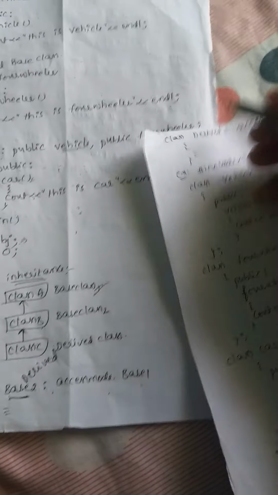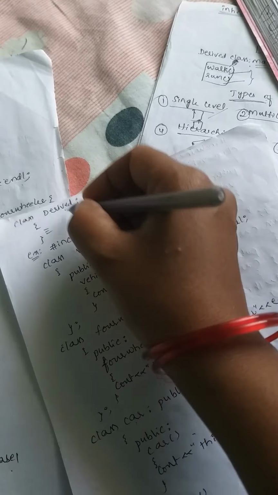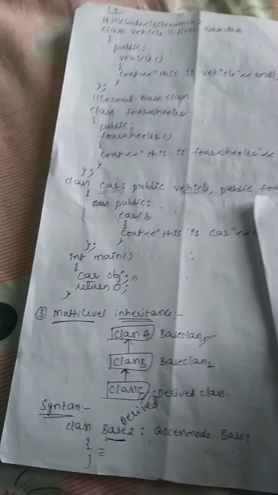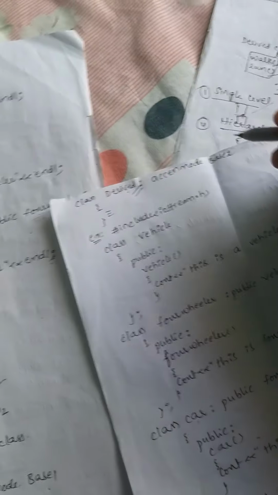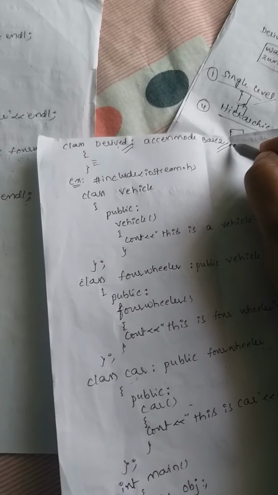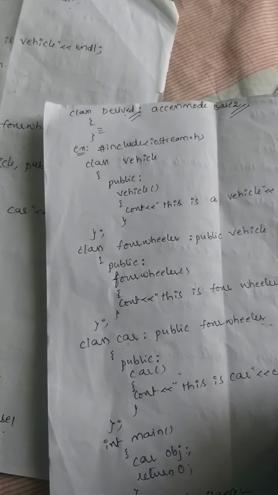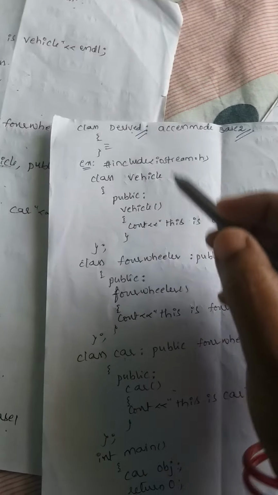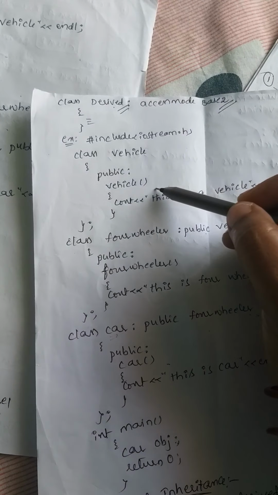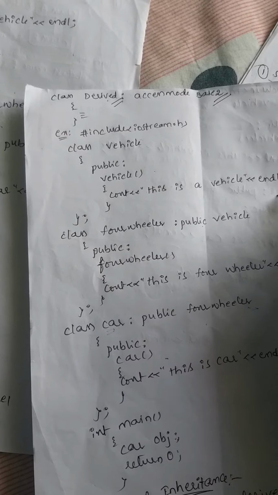So class derived: this class derived is deriving from another derived class. The example for multi-level inheritance: we are taking one class whose name is vehicle, and we are creating one constructor and printing a statement in this constructor.